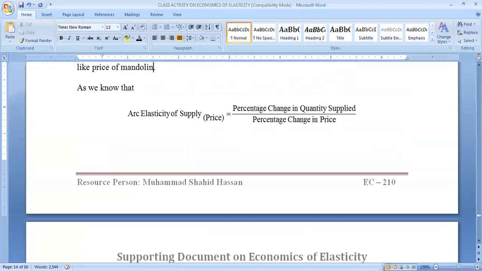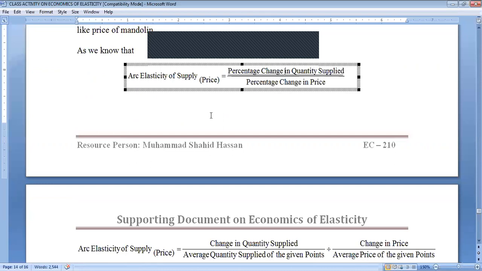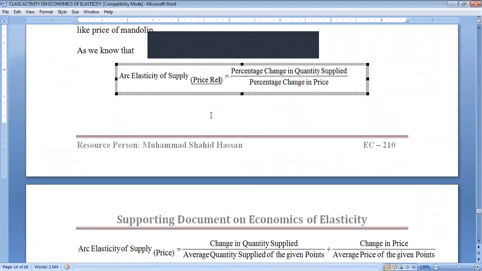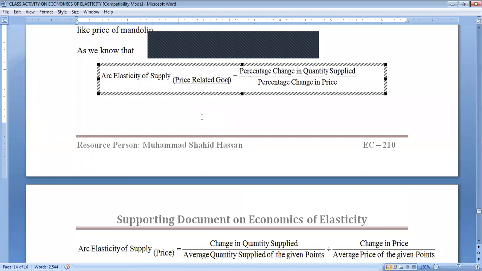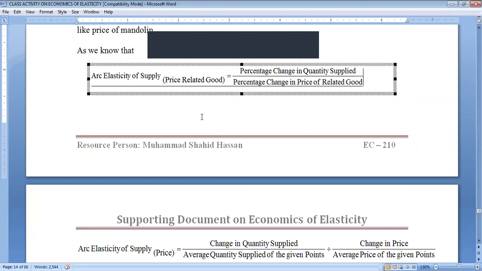The formula is, as we know, arc elasticity of supply with respect to price of related good equals percentage change in quantity supplied divided by percentage change in price of related good, right?